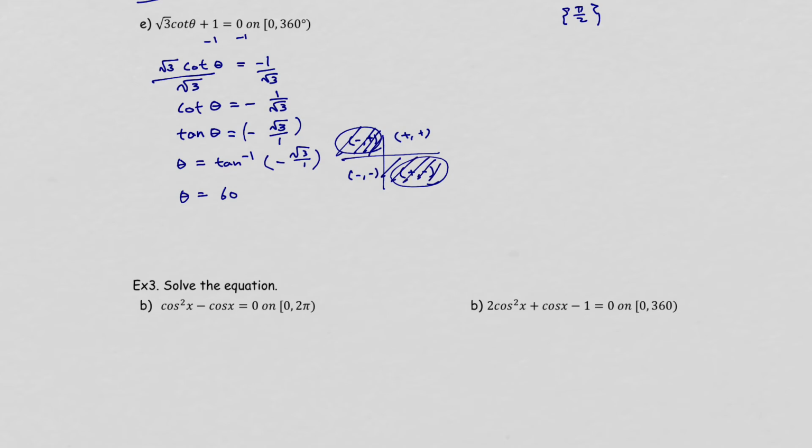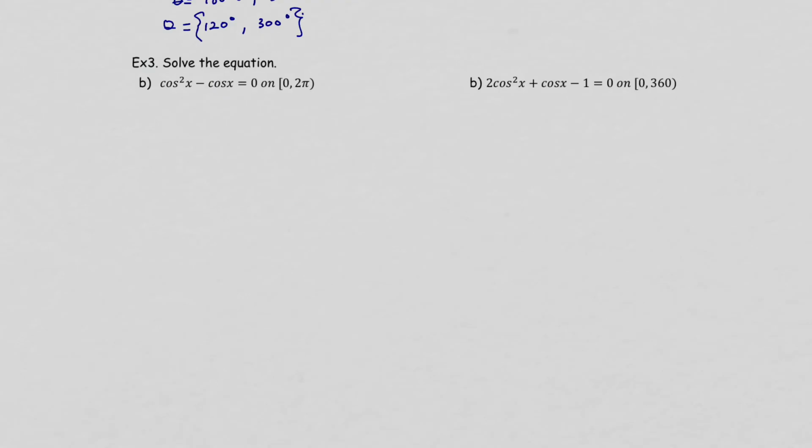So it will be 60 degrees in the second quadrant and fourth quadrant, which means 180 minus 60 for the second quadrant. For the fourth quadrant will be 360 minus 60 degrees. That gives you 120 degrees and 300 degrees. Within 1 unit circle, that should be your solutions.